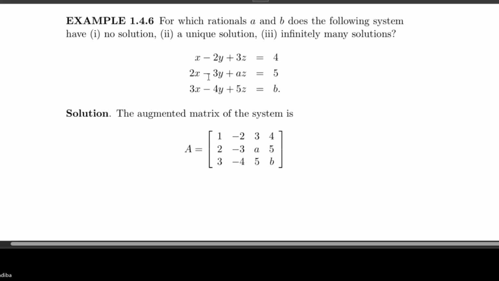This is the right-hand side of the matrix because of this equal sign. And these, before the equal sign, form a matrix on the left. This is a 1 by 3, this is a 3 by 3. But this is the same matrix. Okay, now I'm here.